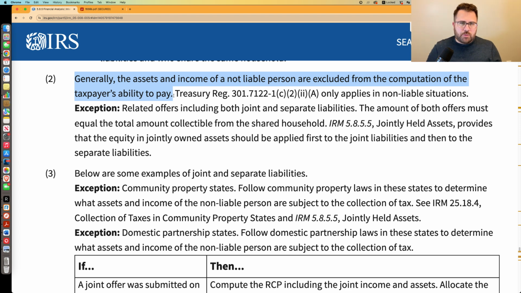For taxpayers who live in a community property state, I'm not including the spouse's stuff on this form. I'm going to let the IRS make the argument to us that we need to include the spouse's stuff, but I'm not going to do their work for them. I'm going to put the onus on them to notice it's a community property state and let them tell us, okay, we've got to talk about the spouse's stuff here since it's community property. I'm not going to volunteer that information to the IRS.